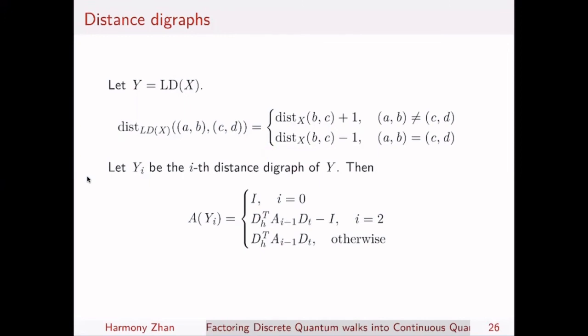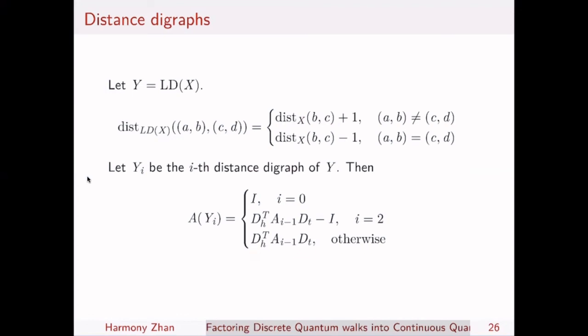And that translates into a connection between the adjacency matrix of Y_i, the ith distance digraph of my line digraph, and these adjacency matrices of my X_i's. So in general, if you want to find A of Y_i, then you take A of X_{i-1} and sandwich it using these two incidence matrices.